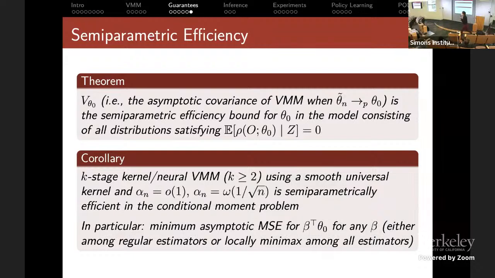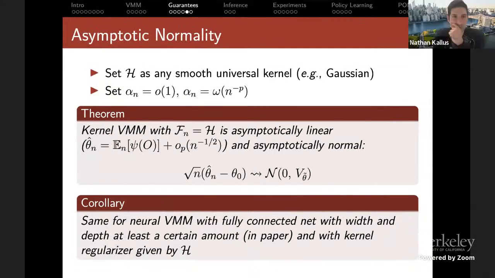Arthur. Hi, Nathan. Thanks for the talk. I just have a question about kernel regularized fully connected neural nets versus just kernel methods. I'm not sure I understood completely, but it seems that your kernel regularizer of your neural nets is to make it behave more like a kernel method in your analysis.